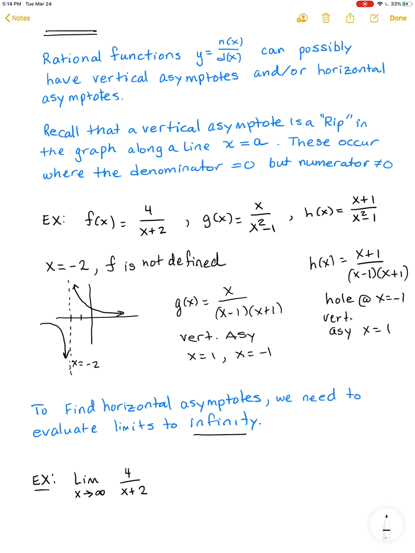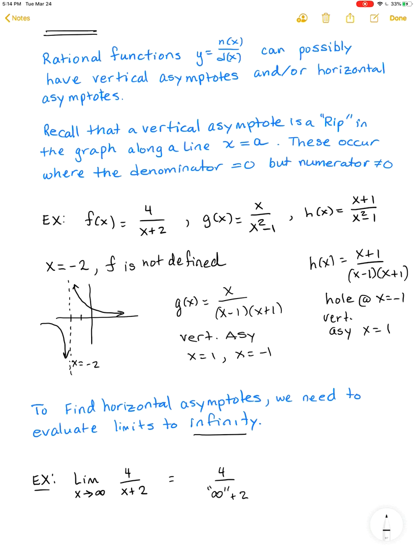The first example is kind of obvious. We're letting x get really large, and so if we do this, this thing kind of acts like 4 divided by a really large number plus 2. Well, adding the 2 to a really large number doesn't put much of a dent in it, but I've got 4 divided by infinity.